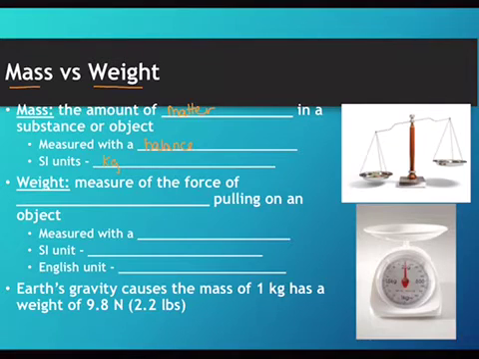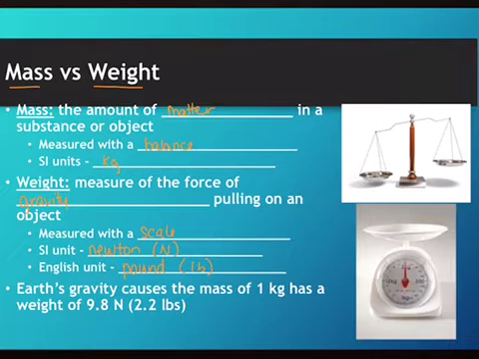Weight is the measure of a force of gravity that pulls on an object. This is measured with a scale, and the SI unit is what we call a Newton. It's abbreviated with a capital N. However, in the United States, we use the English system, so the unit we're most familiar with is the pound.